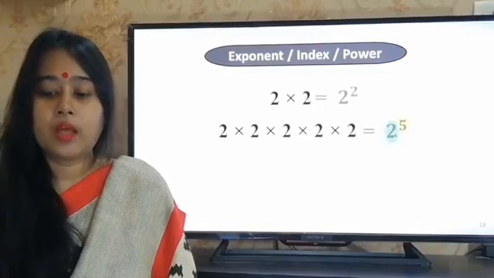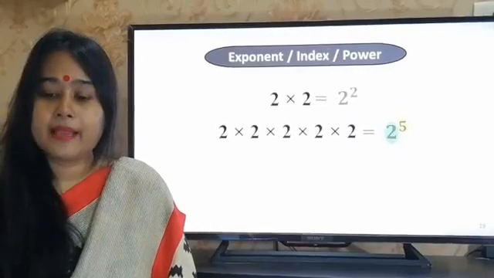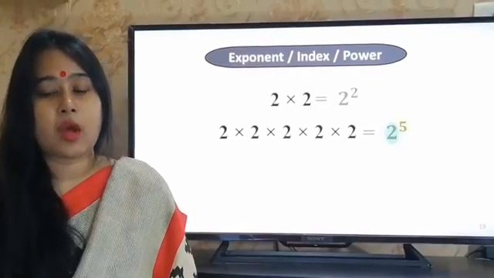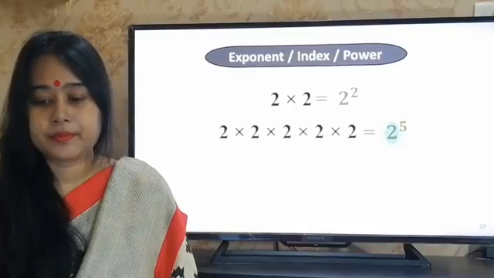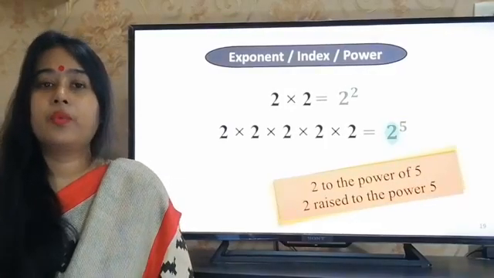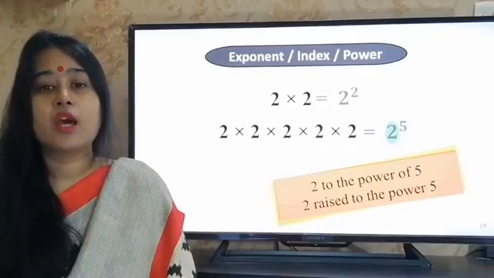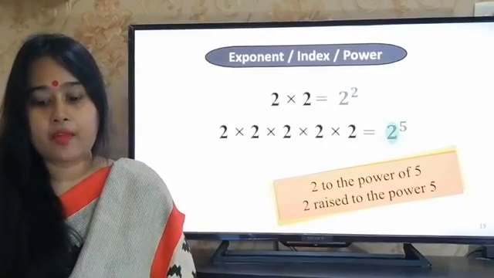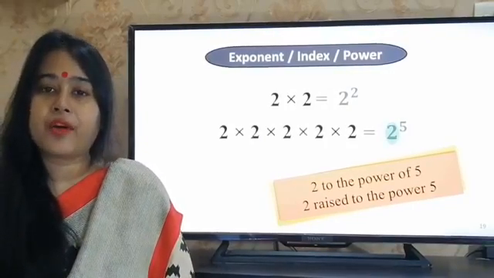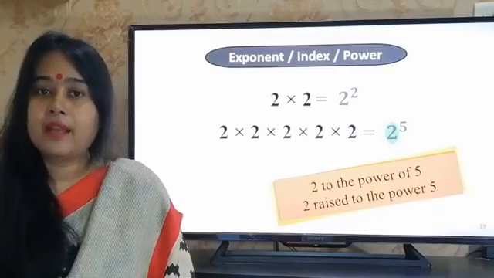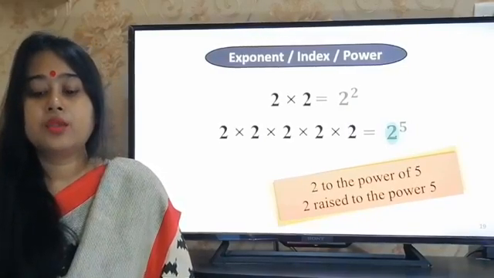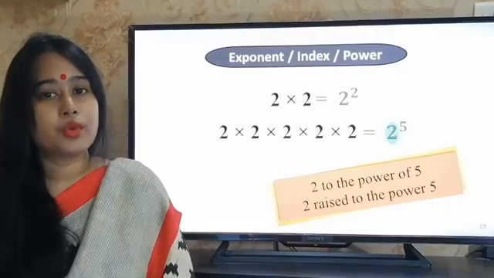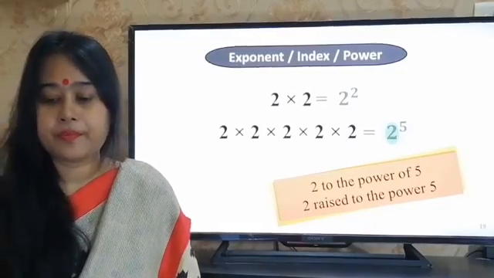So we have 2 as the base and 5 as the index or power. We will pronounce it as 2 to the power 5 or 2 raised to the power 5. I repeat it again: whenever we pronounce it, we say 2 to the power 5 or 2 raised to the power 5.